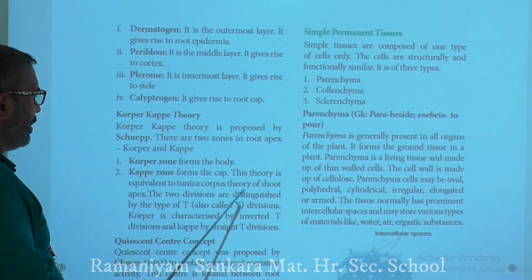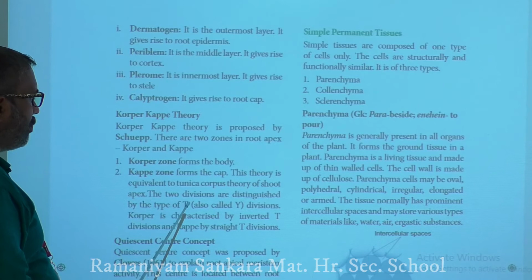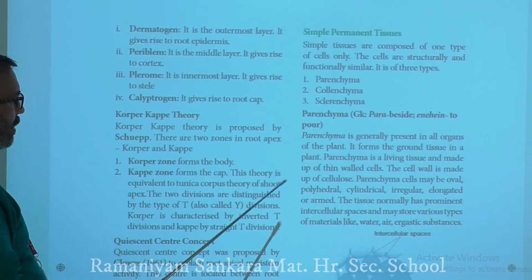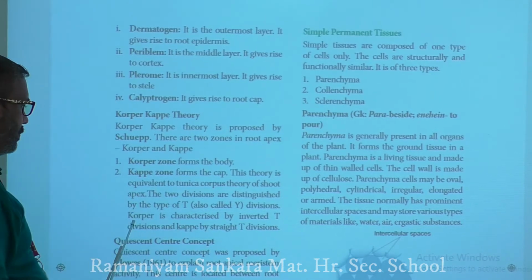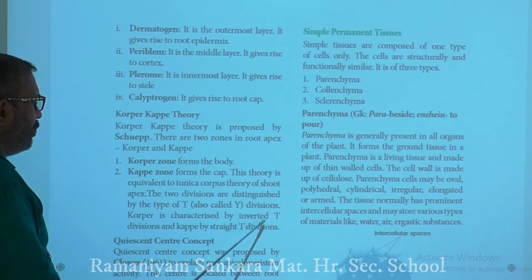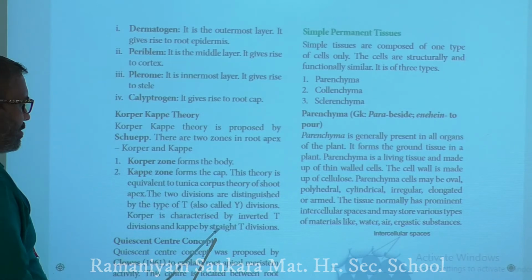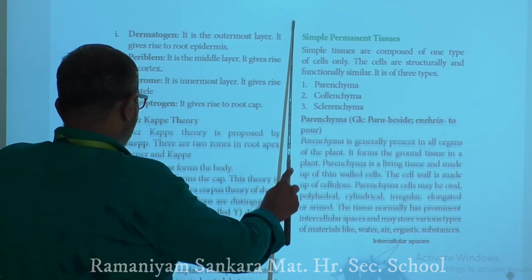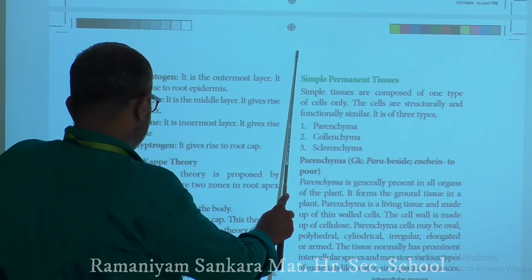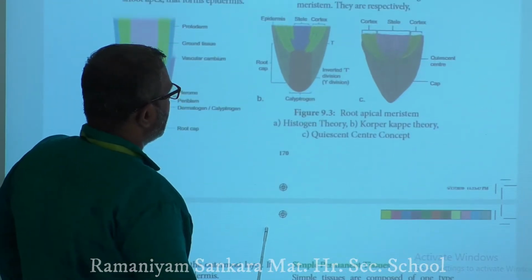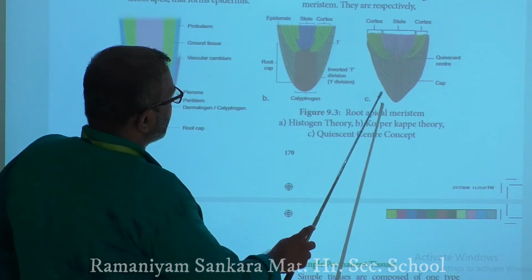The two regions are distinguished by the type of T divisions, also called Y divisions. Corpus is characterized by inverted T divisions, and cap is characterized by straight T divisions.